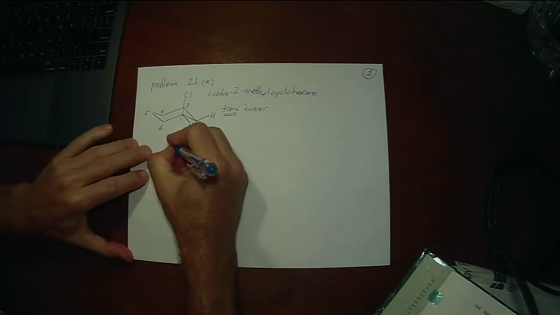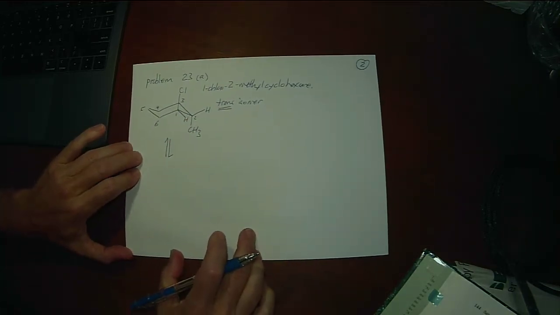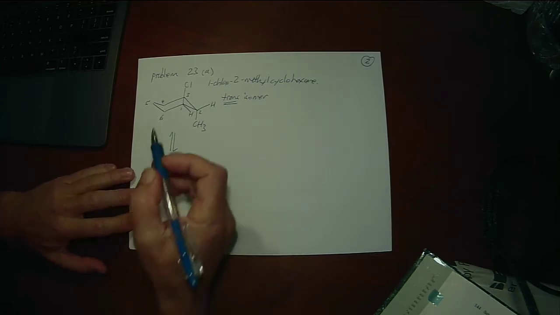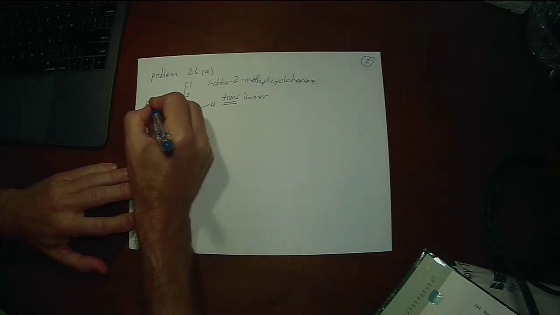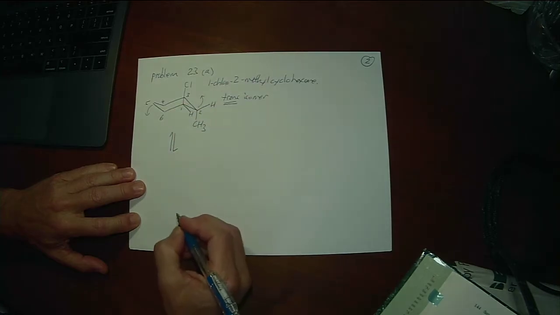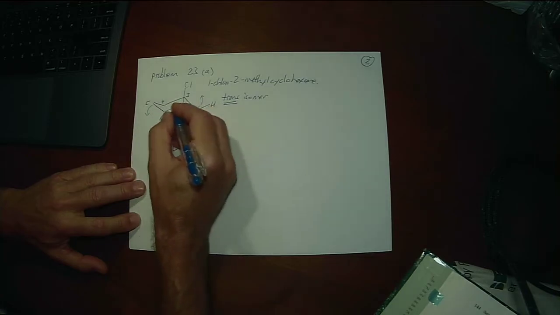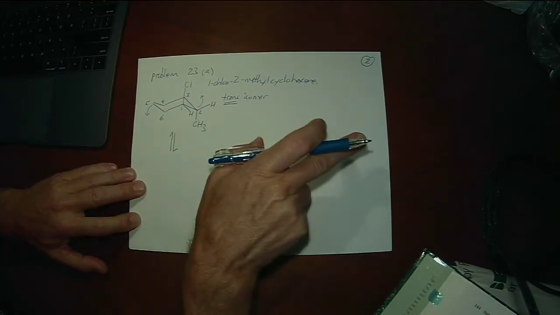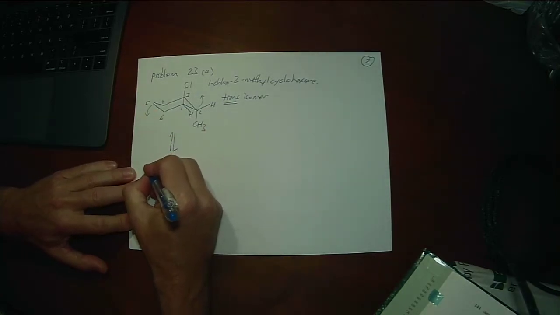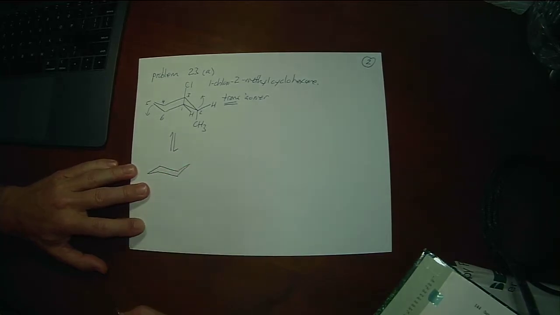So I want to draw the ring-flipped version of that. I'm going to move carbon 5 down and carbon 2 up, and I'm going to draw the chair part as the mirror image. So instead of the chair pointing off to the right, the chair is going to point off to the left. I'm going to draw my chair like this.